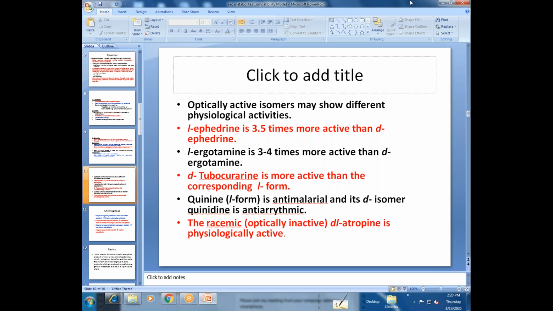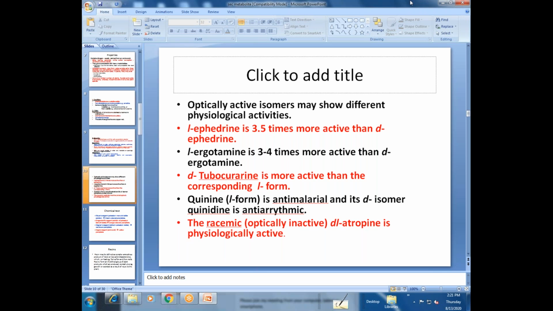Quinine is there. So I think next class you just remind me, I'll show you the structures. The structure is the same, but one hydrogen is above the plane and one below the plane. If both are above the plane, then it is an antimalarial. If one hydrogen is above and one is below, it is called quinidine, which is an antiarrhythmic drug.